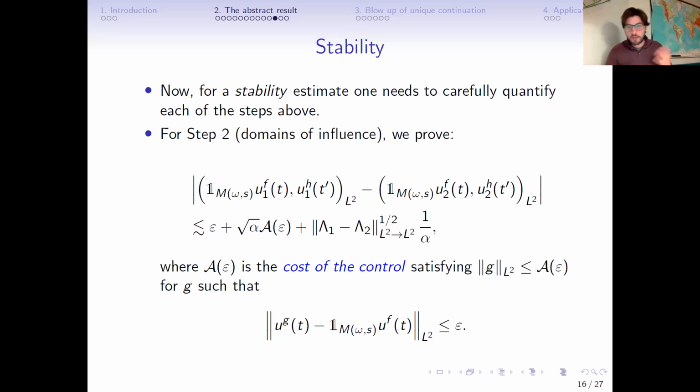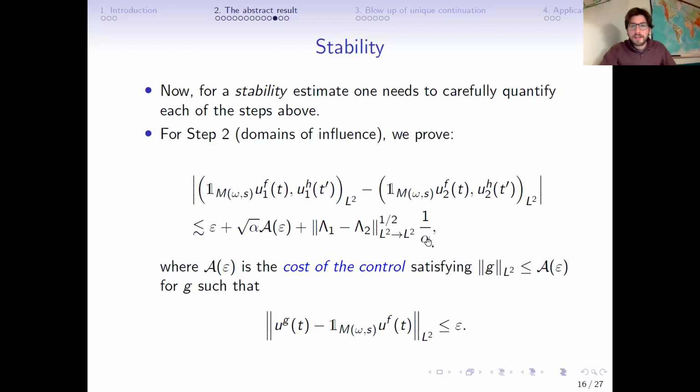Of course, here I should be careful, it's the cost of the approximate control, because this is not an exact control, but let's call it just the cost of the control. So it says, okay, you have an approximate control. For every epsilon, you will be epsilon close to your target. But of course, you expect that as epsilon goes to zero, the norm of this control is going to explode.